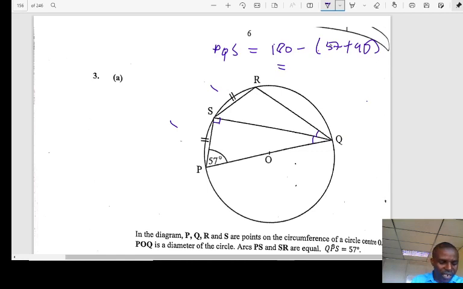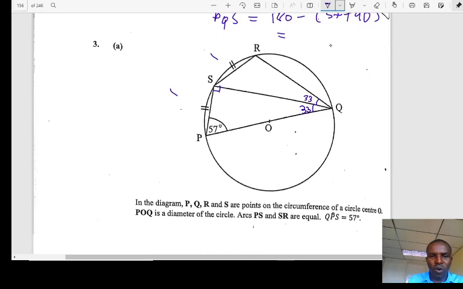Then from 180, you get 33. So this angle is 33, which means this also is 33 degrees, right? The reasons are angles in a triangle, then equal arcs subtend equal angles, which means 33 degrees.